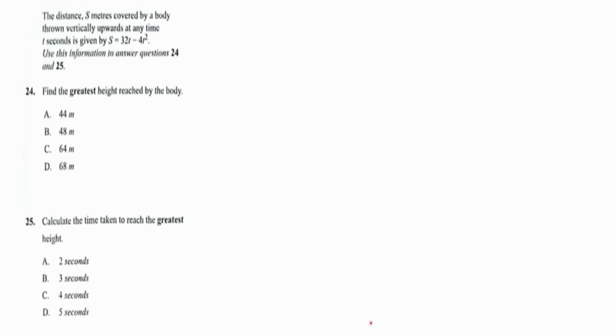Use this information to answer questions 24 and 25. Question 24 says find the greatest height reached by the body. I stated earlier that this question is an application of calculus. So let me first rewrite the equation.